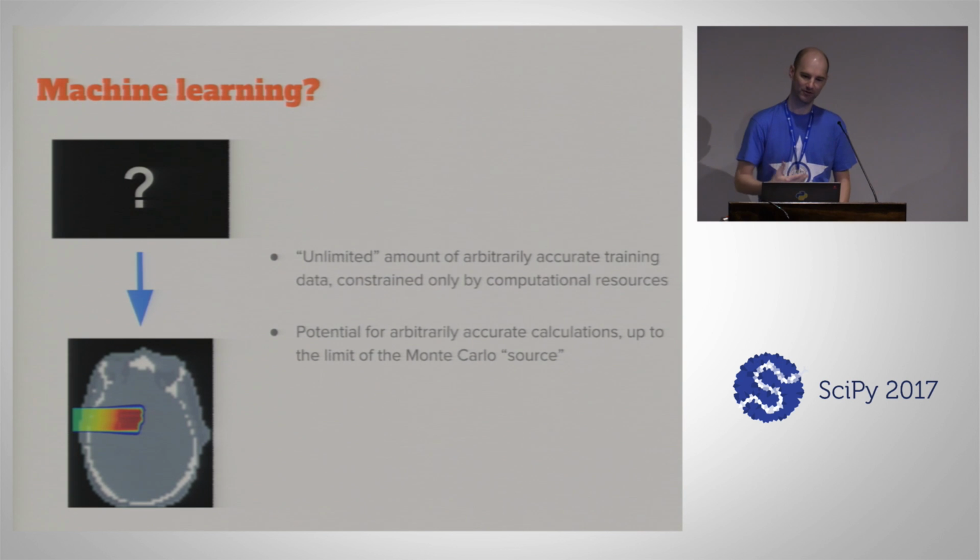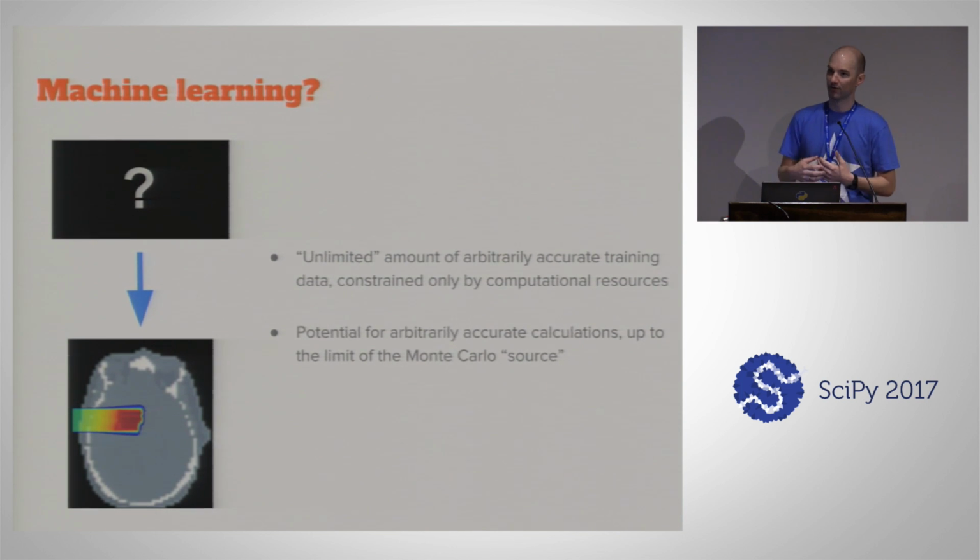So the interesting parts then become, we kind of have access to an unlimited amount of training data that's arbitrarily accurate. Of course, it's not free because we need resources to do this. So you're looking at maybe potentially CPU hours per training example. But that also means that we can get maybe arbitrarily accurate in what we're doing depending on our resources and sort of appetite for how much training data we want to do.